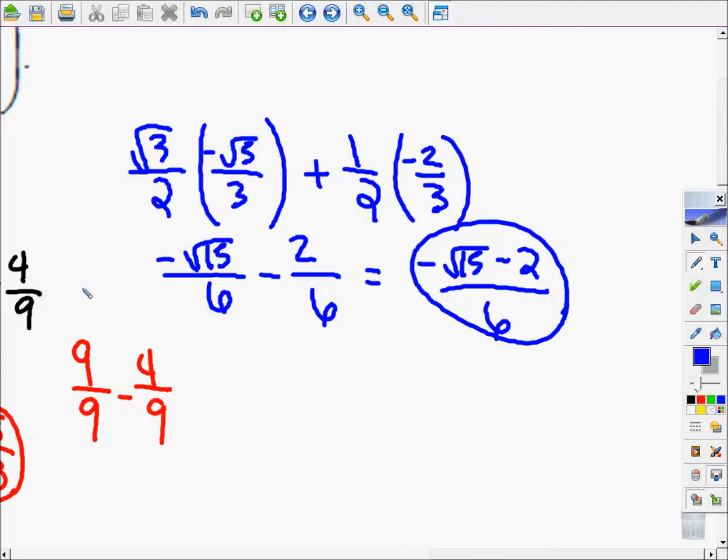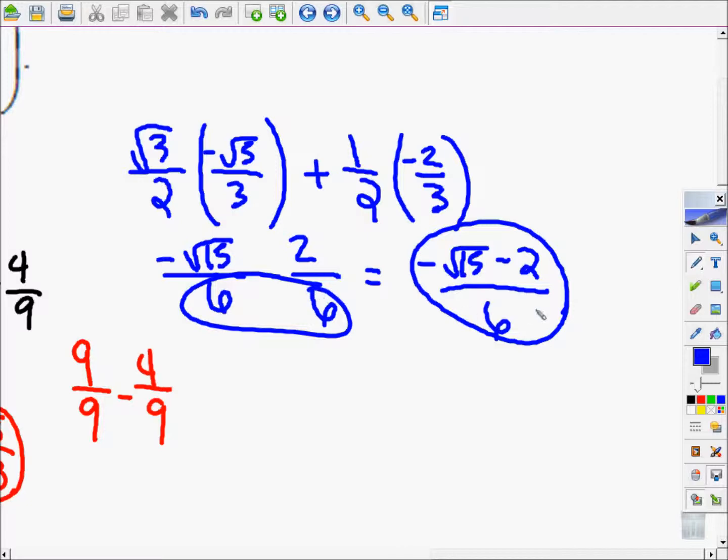I have 1 times negative 2, so I have negative 2. And 2 times 3 is 6. Because they share a common denominator, they can be put over one denominator. So my final answer is negative square root of 15 minus 2 over 6.